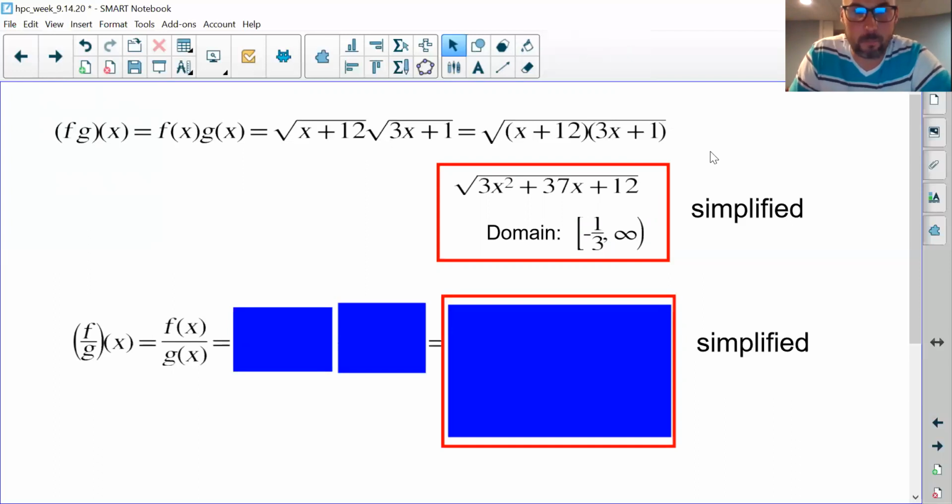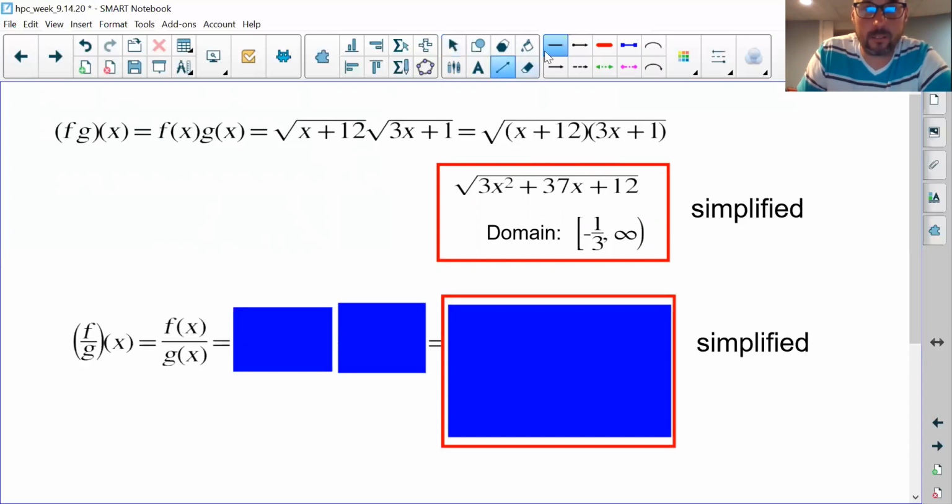So don't begrudge me for having you do this. You're multiplying these two square roots, which have the same index. They're both square roots, so you can multiply their radicands. And a binomial times a binomial, you're going to double distribute and get this. And the domain is from negative 1/3 to infinity.